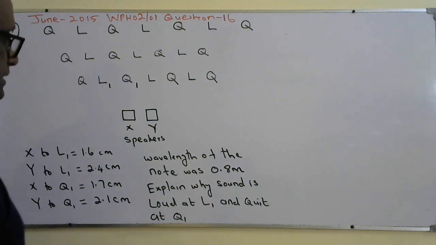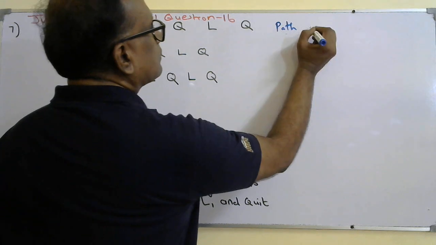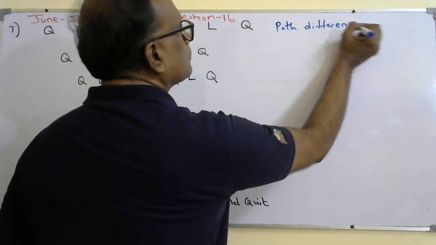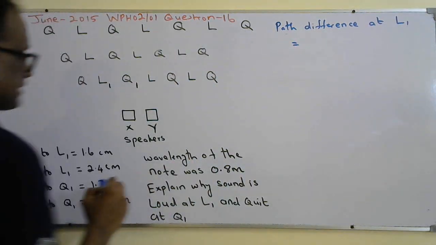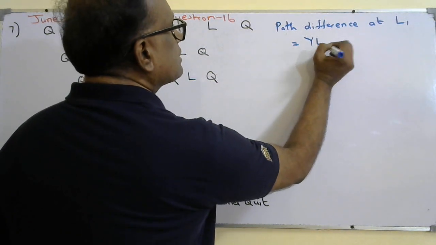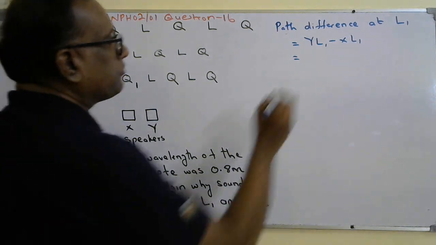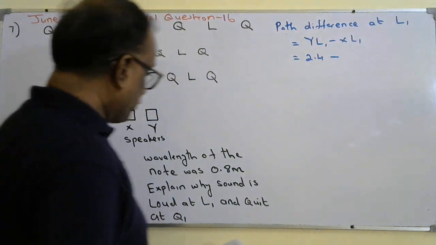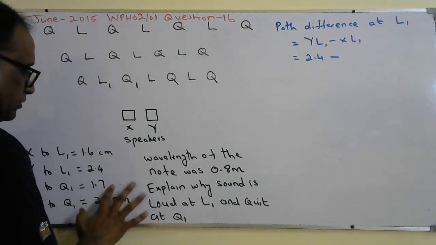Okay, so we'll answer this question. The path difference at L1 will be YL1, because that is the longer distance, minus XL1. YL1 is given as 2.4 minus 1.6. Those are meters, not centimeters; I wrote it the wrong way.